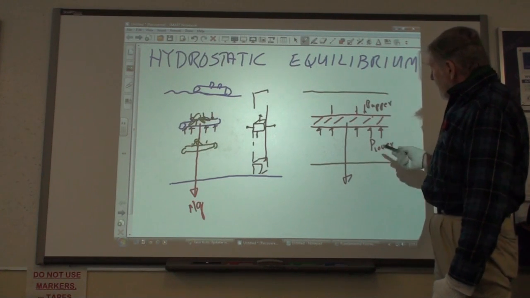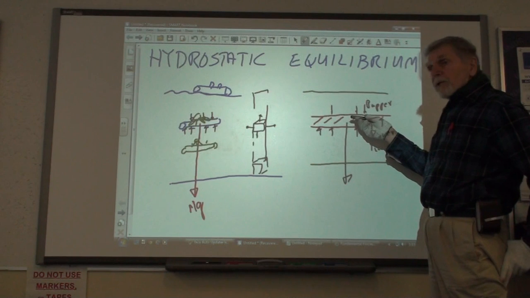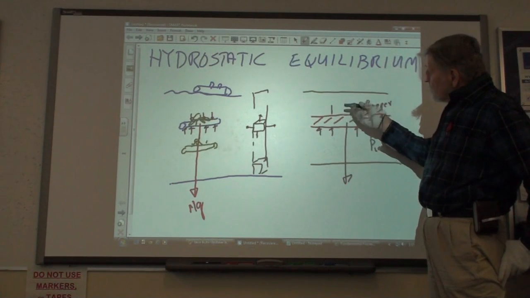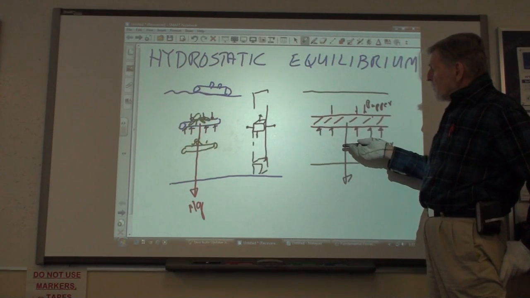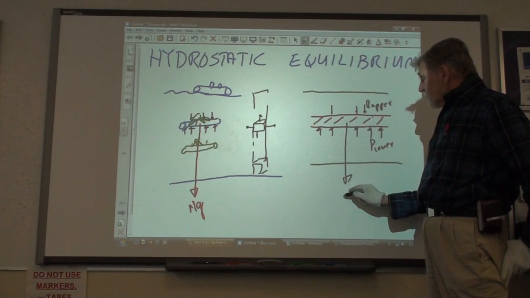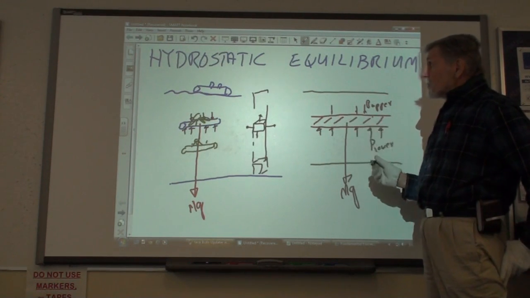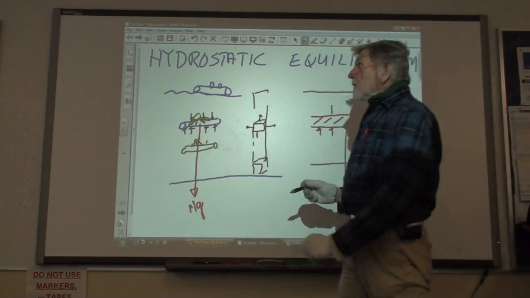Now, P lower is greater than P upper. So this layer of water is supported in place by the pressure differential, with the water pushing up below it being greater than the pressure of the water pushing down above it, which balances its gravitational force pulling down. So this layer of water just sits there.